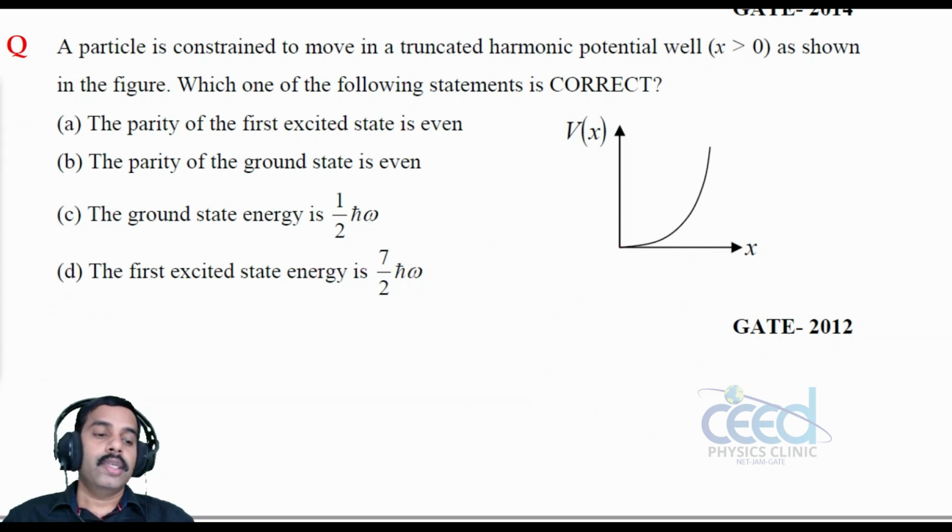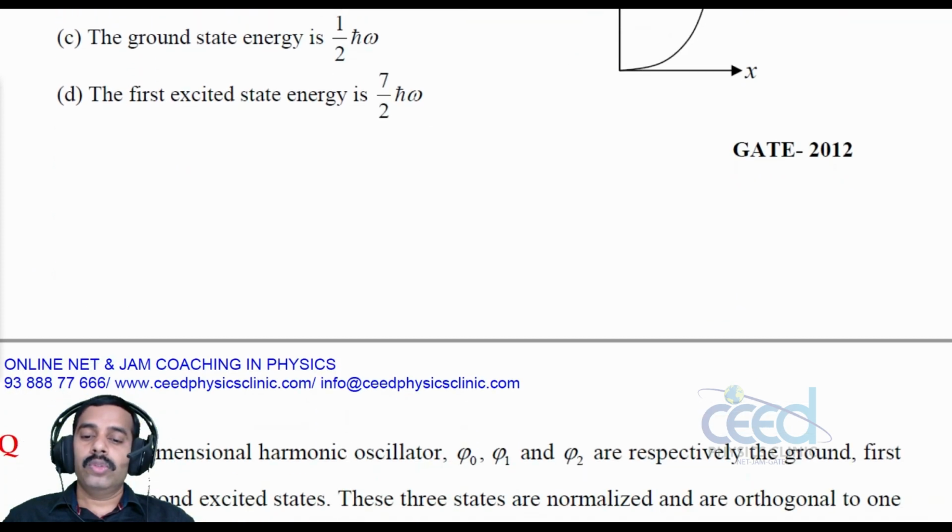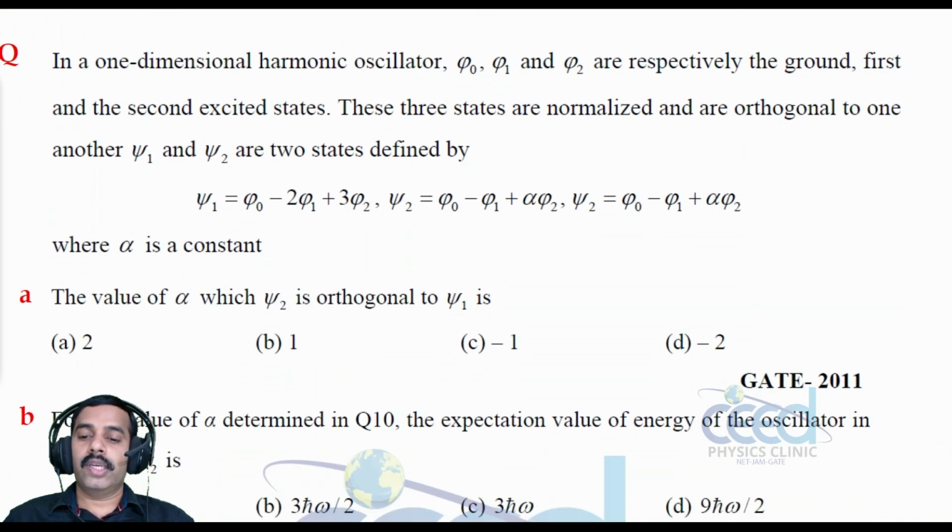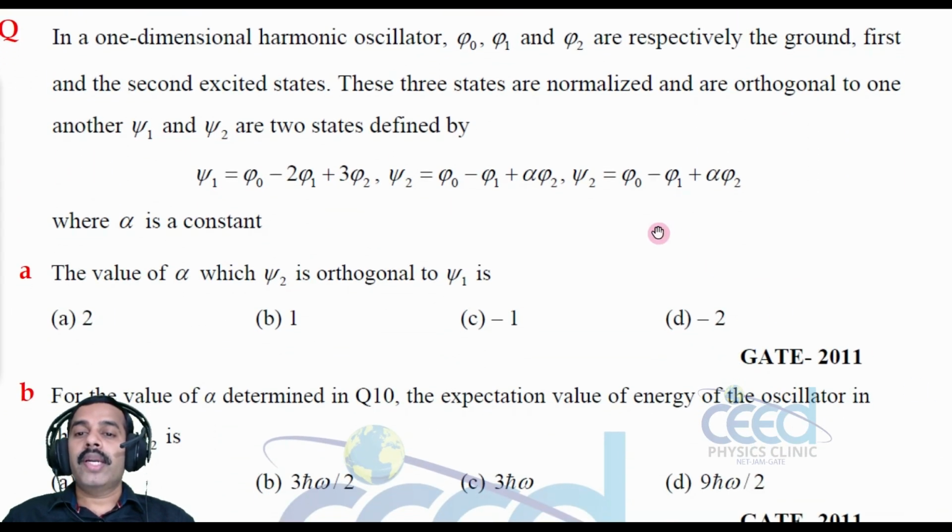All right. Now let us come to another question. In a one-dimensional harmonic oscillator, psi0, psi1 and psi2 are respectively the ground, first and second excited states. These three states are normalized and are orthogonal to one another.